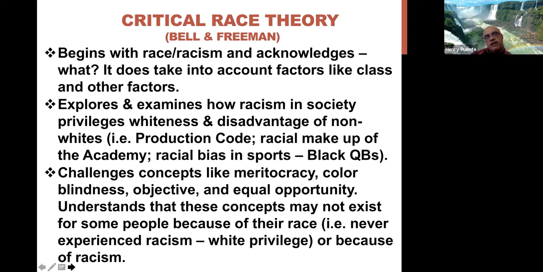So it acknowledges the fact that race plays a factor in subordination and repression. And so it's not necessarily separate from other things like misogyny or class. It takes those into account as well.